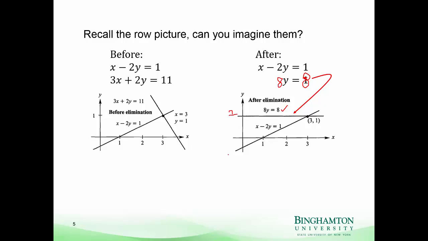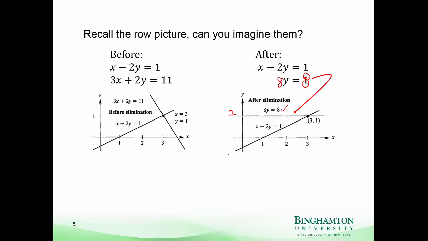And so y is equal to 1 is saying that there's no dependence on x. So for each value of x, the y variable takes on the value of 1. So that's what makes it easy to solve, the fact that it's a horizontal line.